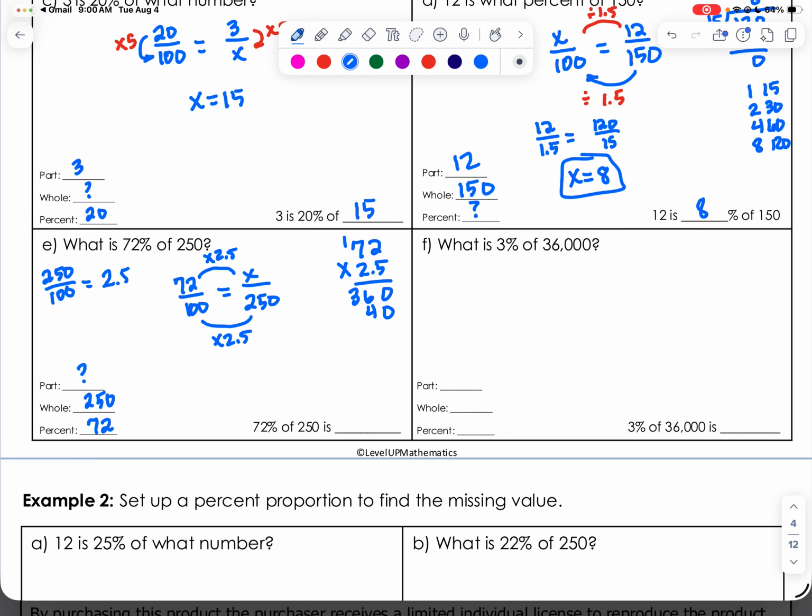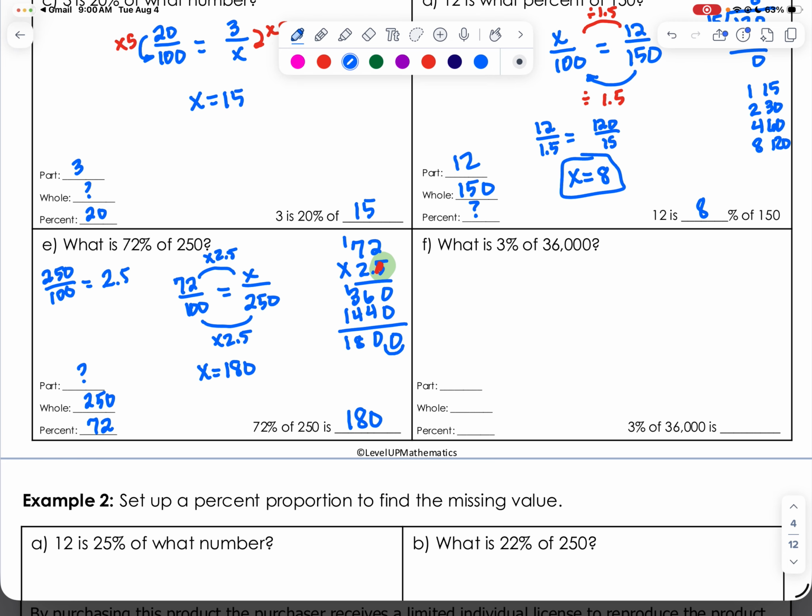So it'd be 4 and 14. Add that up. 8. Now remember, we have one number after the decimal, which means I have to move my decimal in one place. So x would equal 180. So 72% of 250 is 180.